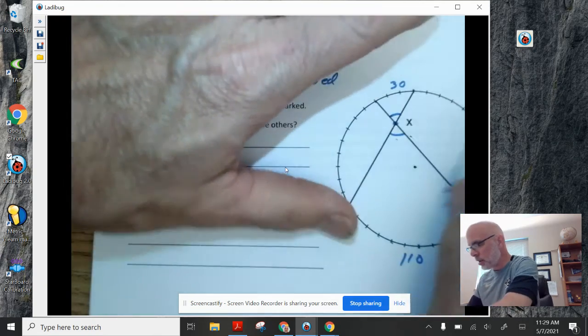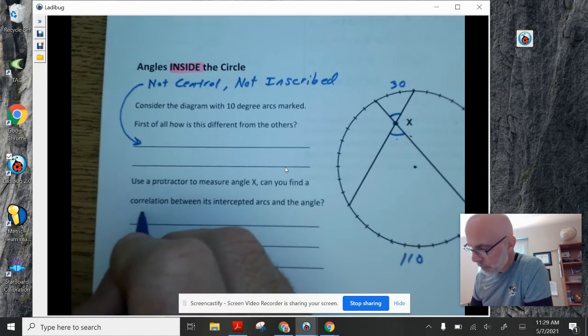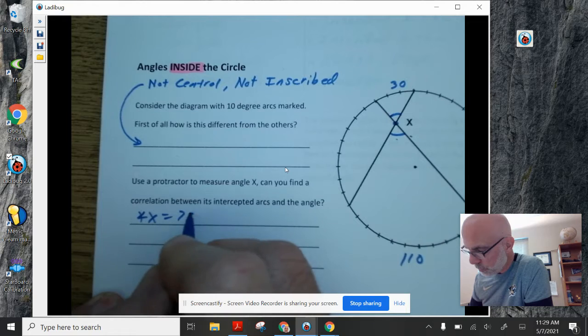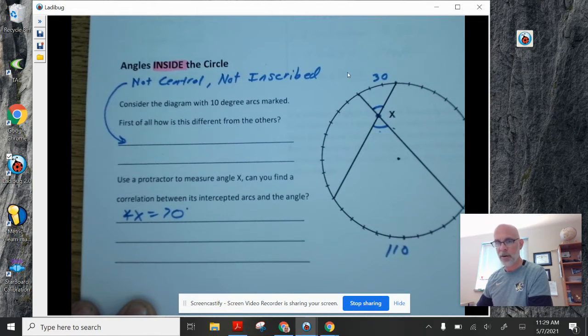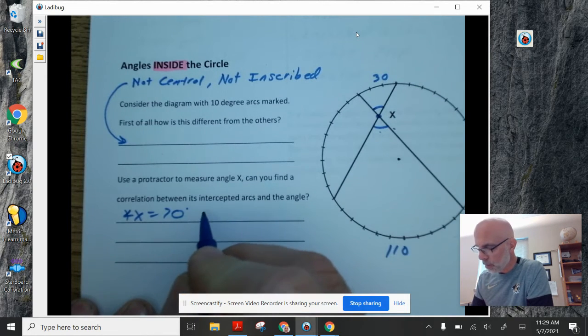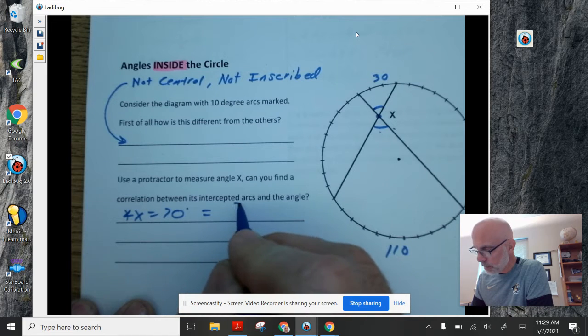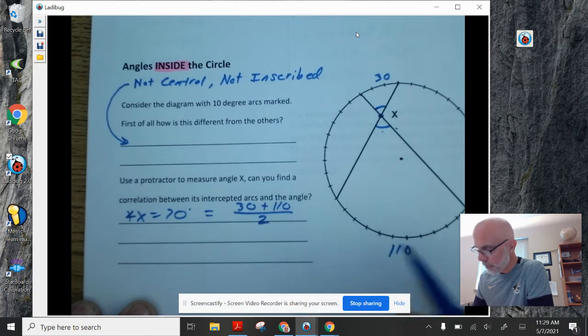All right, so how can we figure out what's the correlation between numbers right here to get me 70 degrees? Angle X equals 70. Well, if you really look at it and you do enough of these, you'll start to see a pattern here, and you're going to figure out that it's the average. It's the average of those two angles. So in other words, it equals 30 plus 110 divided by 2.